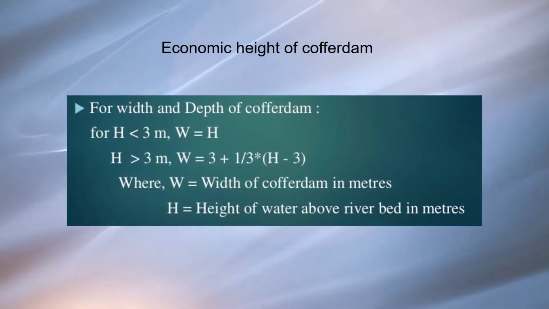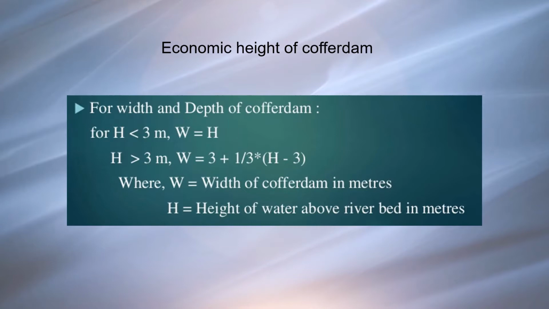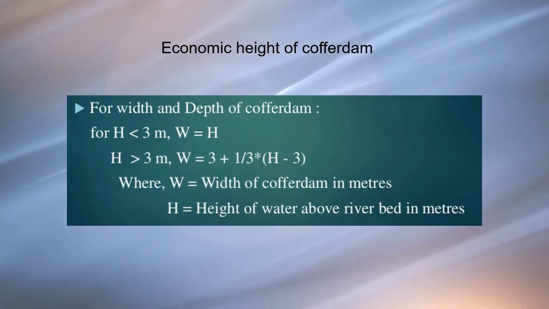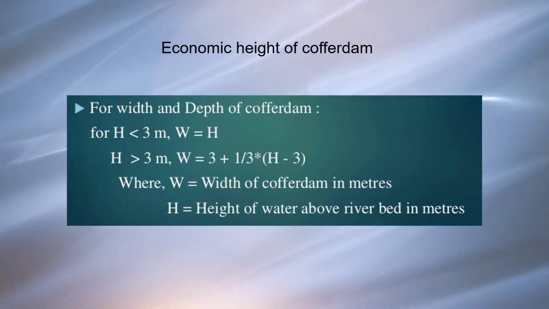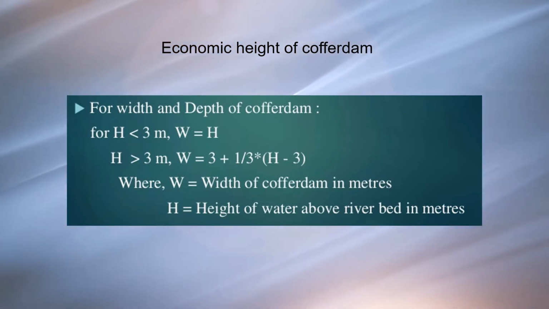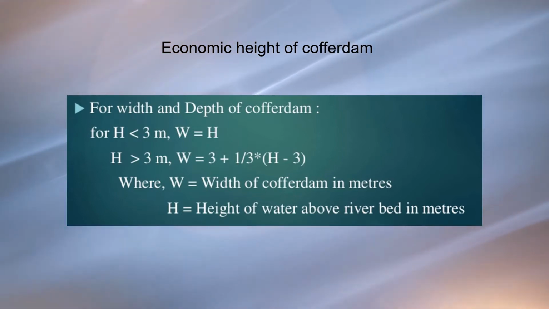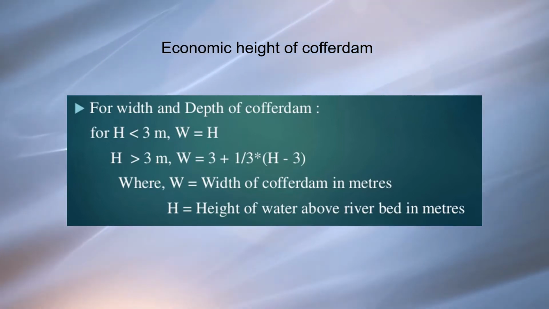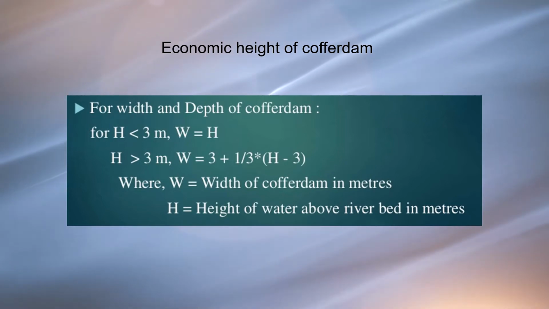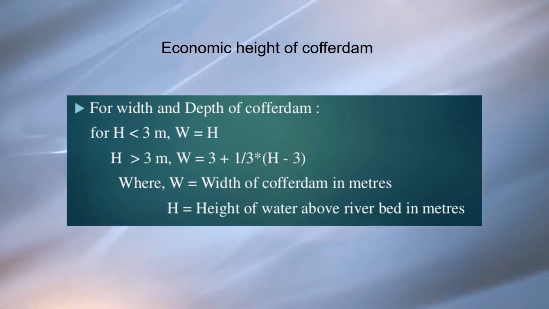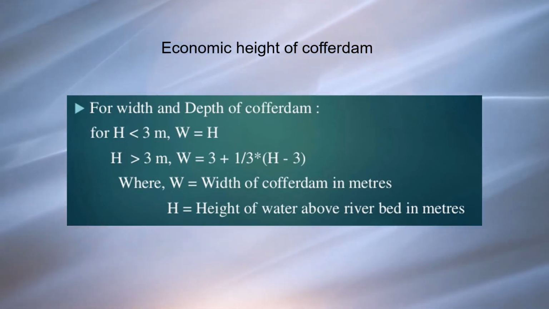Economic height of cofferdam. The height of cofferdam for which its total cost is minimum is known as the most economic height of cofferdam. Number 1. Depends on the depth of water. For low depth, earth-filled cofferdam can be used.